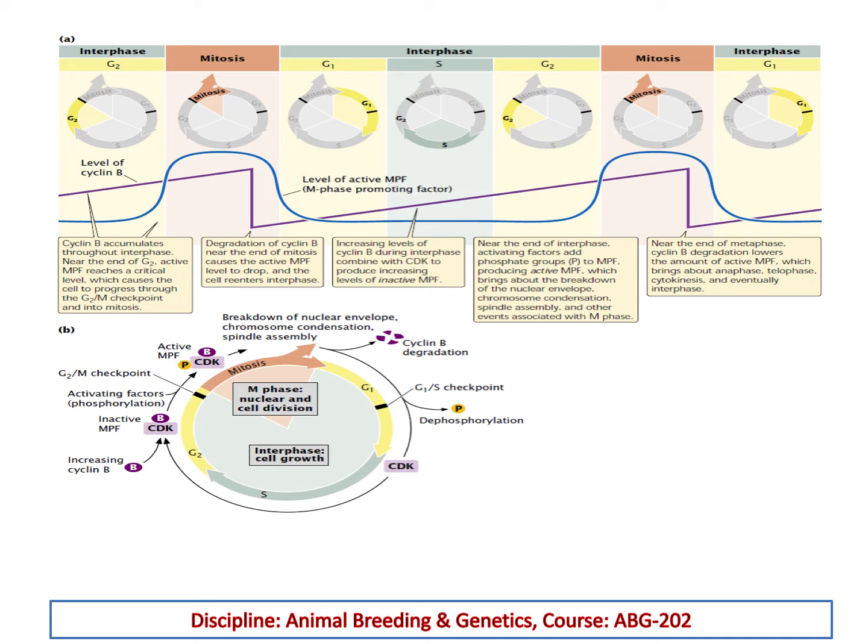But if the cell again has to go for division, then there will be dephosphorylation, and once the dephosphorylation occurs, the cell passes through the G1/S checkpoint. You can see this circle just under the graphical presentation.